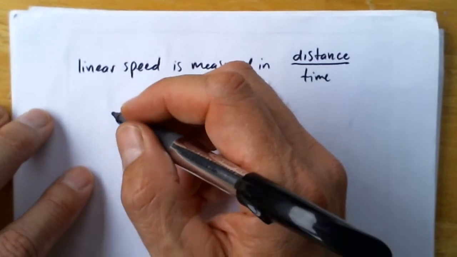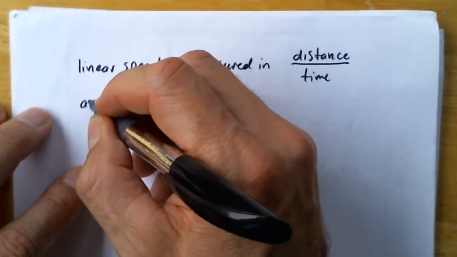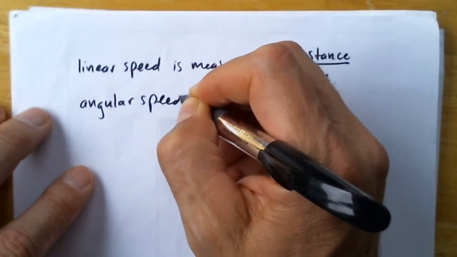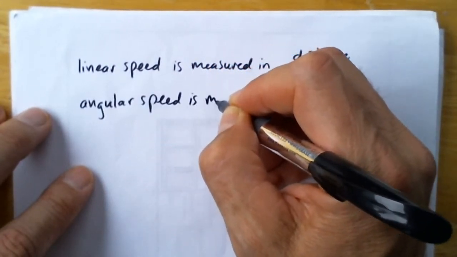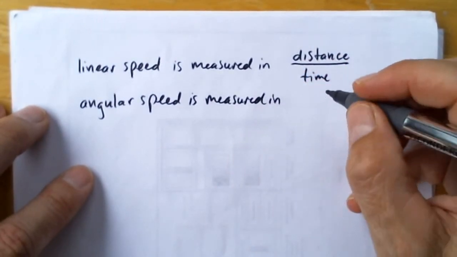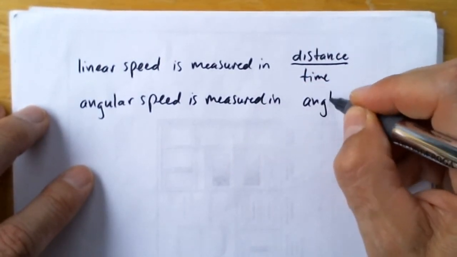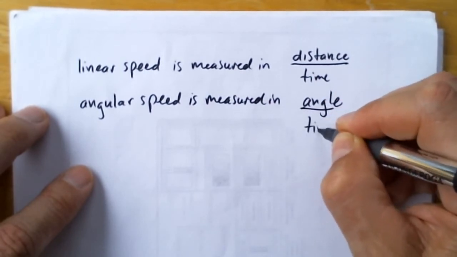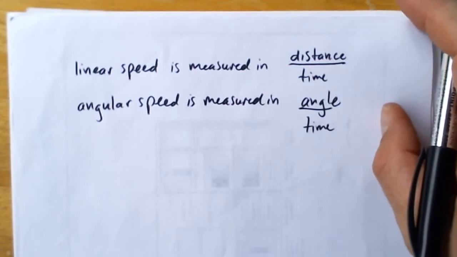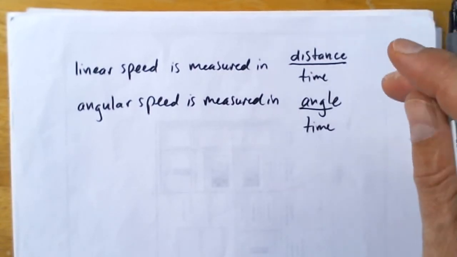And angular speed is the size of the angle divided by time.